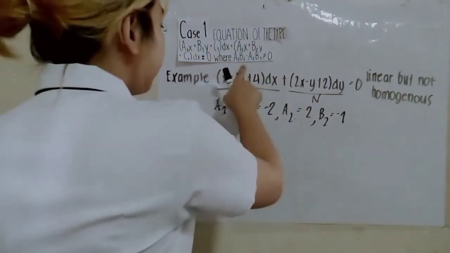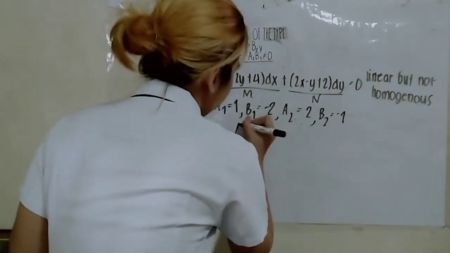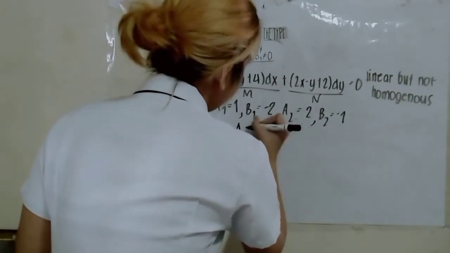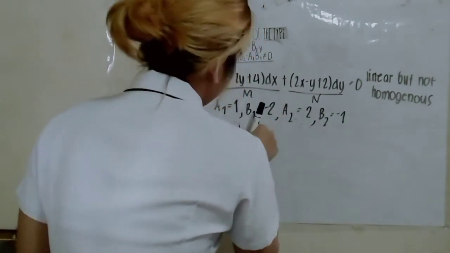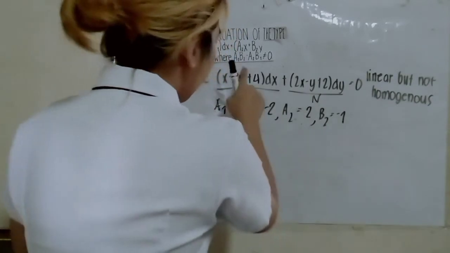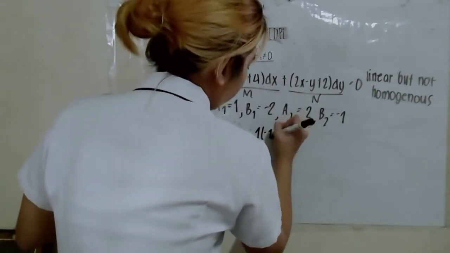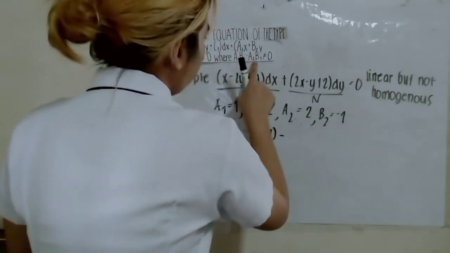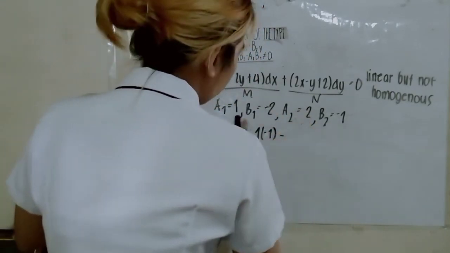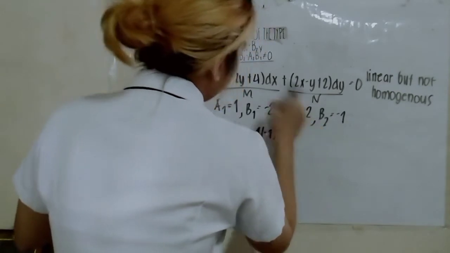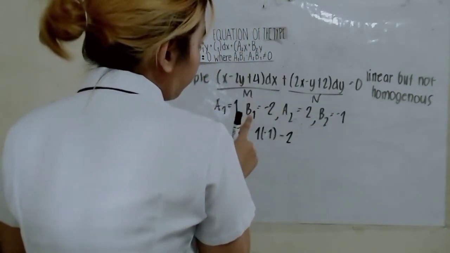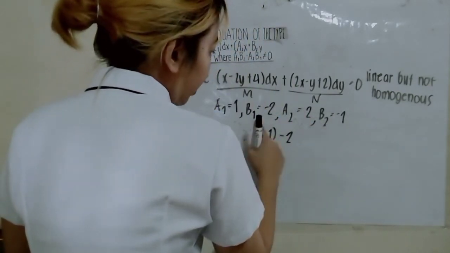So, substitute na natin. Check natin if magpo-fall siya sa case number 1. A sub 1 is 1, b sub 2 is negative 1, minus, a sub 2 is 2, b sub 1 is negative 2.